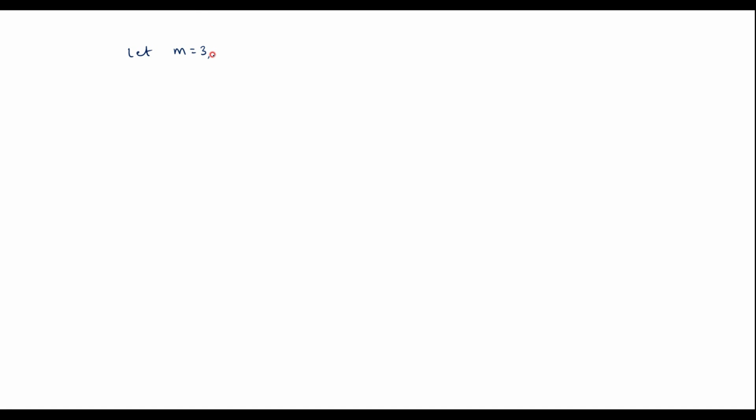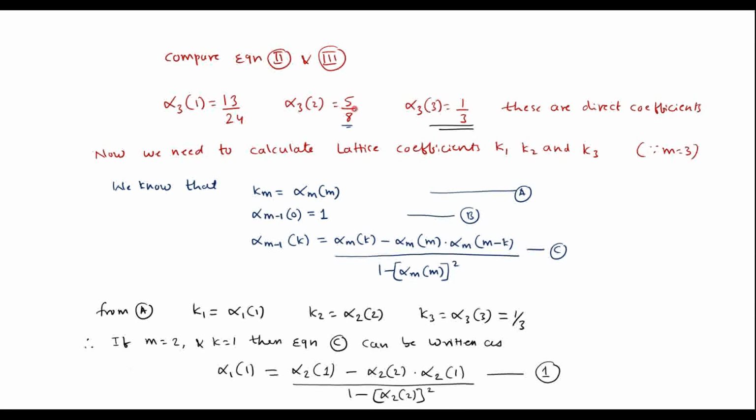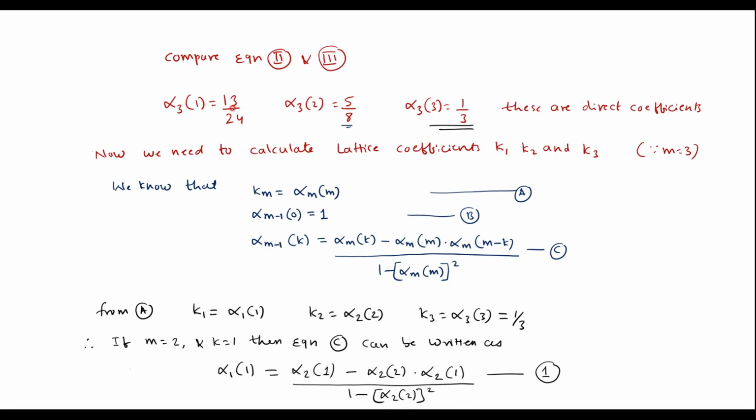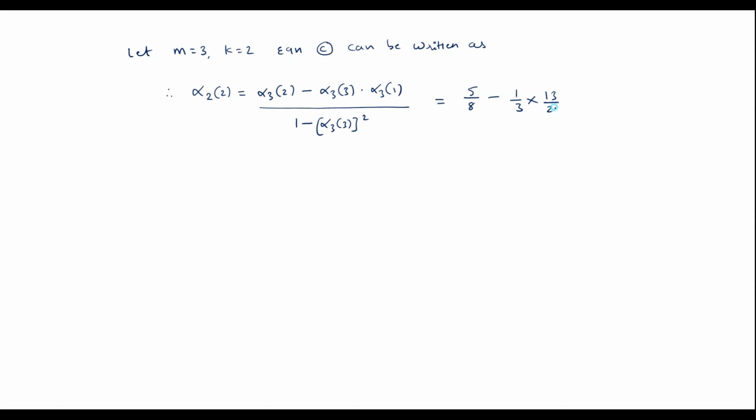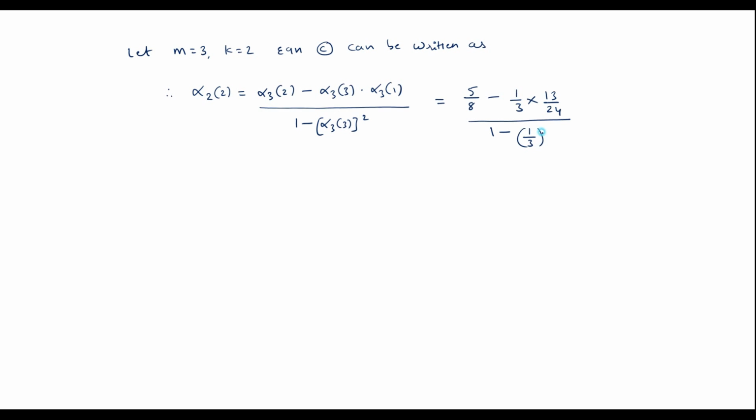Let m is equal to 3, k is equal to 2. Equation C can be written as alpha 2 of 2 is equal to alpha 3 of 2, that is 5 by 8, minus alpha 3 of 3 value is 1 by 3, into alpha 3 of 1 value is 13 by 24, divided by 1 minus alpha 3 of 3, 1 by 3, whole square.